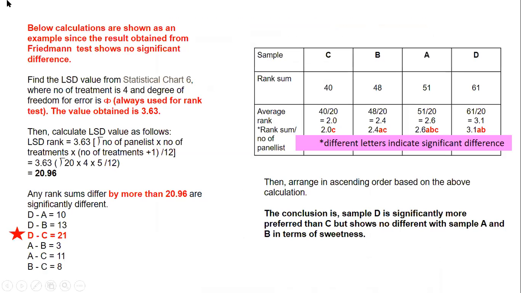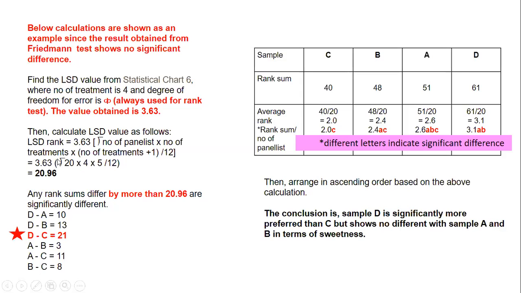Okay, the value. So this value will be used in this formulation to calculate the least significant difference. All right. So 3.63, and then you need to times the number of panelists 20 times the number of treatments 4 times the number of treatments plus 1, which is 5, divided by 12.